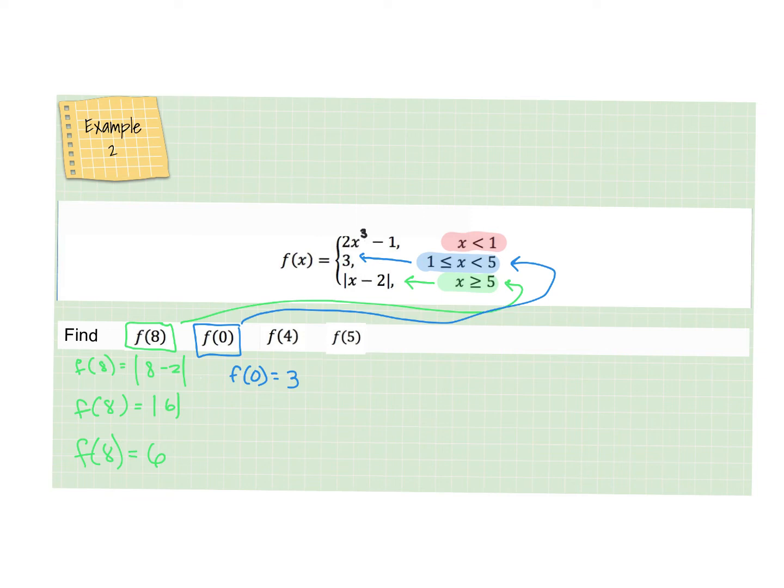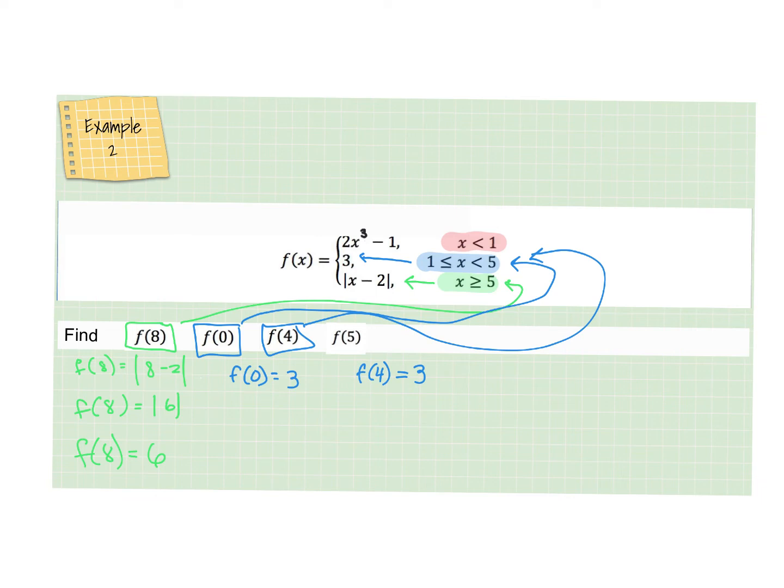Okay. Next one we have f of 4. F of 4 once again falls between 1 and 5. So I have f of 4 is equal to 3. There's nothing to work out here, so I am done with this one. And last but not least, we have f of 5.